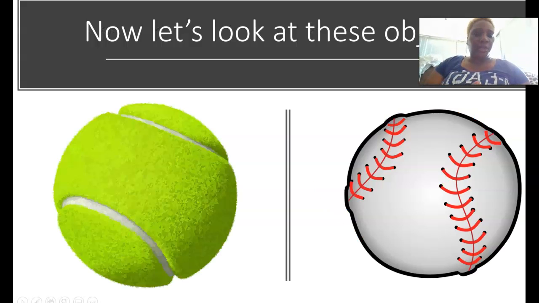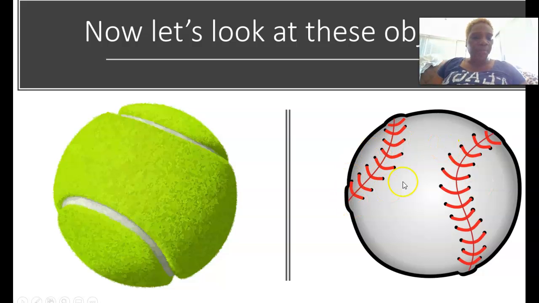All right, friends, let's take a look. So what do we notice about these two objects? Okay, let's look at our first object. We know that it's a ball, and it's a tennis ball. And this tennis ball is green and it has white stripes. Now let's look at our second object. It is also a ball. So that's something that's almost the same, but I notice there's some differences.